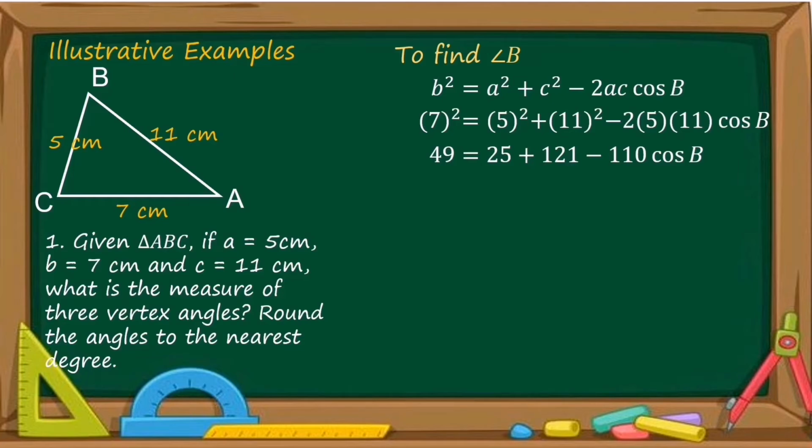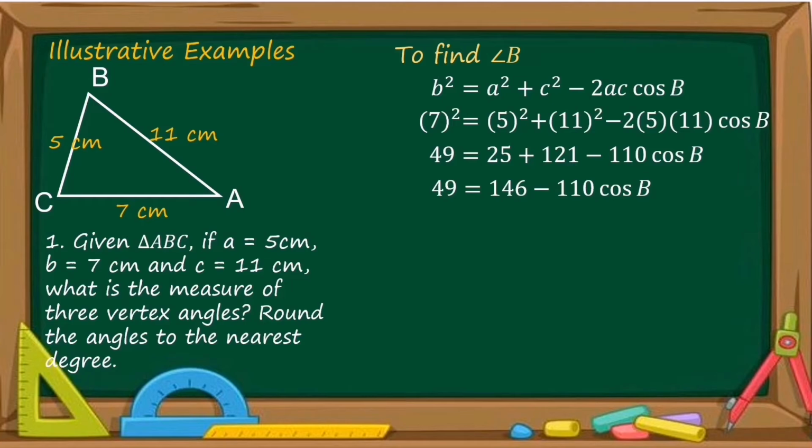So our equation now will become 49 is equal to 25 plus 121 minus 110 cosine B. Next, it will become 49 is equal to 146 minus 110 cosine B. 146 is the sum of 25 and 121.